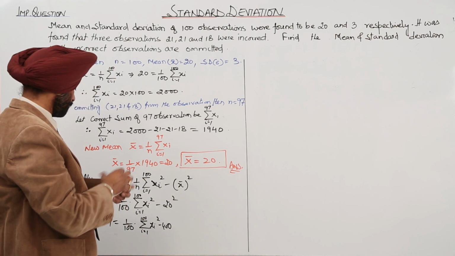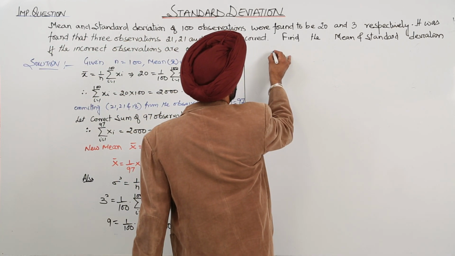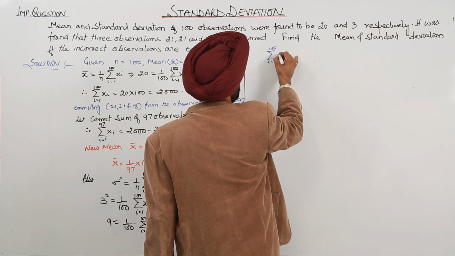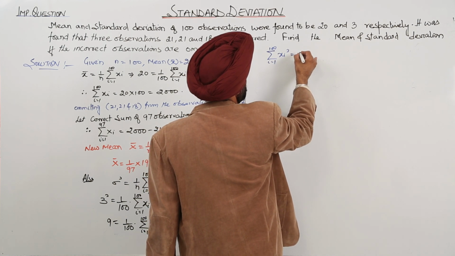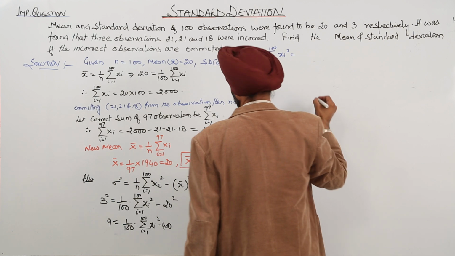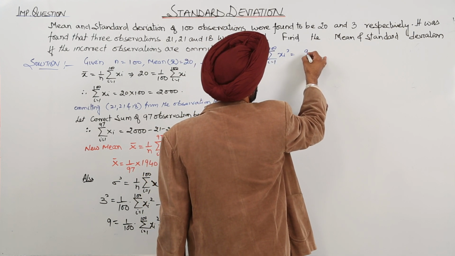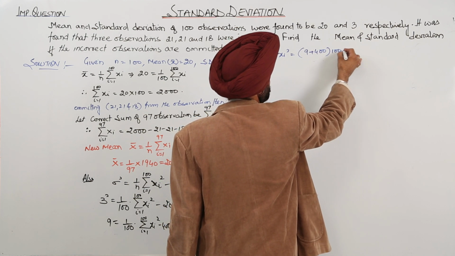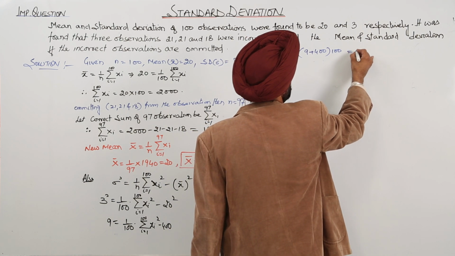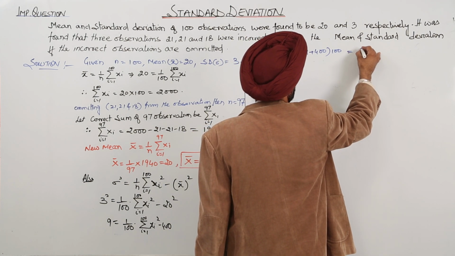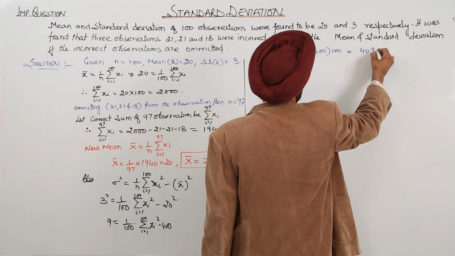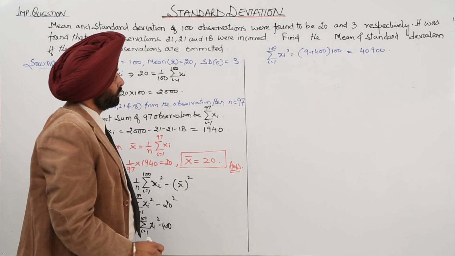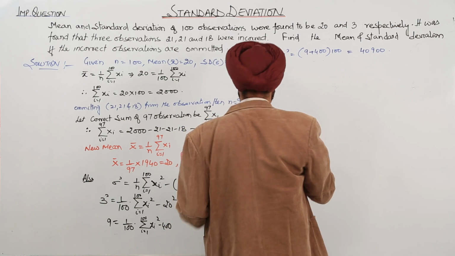So this is now 9 plus 400, with 100, or this becomes 40900.